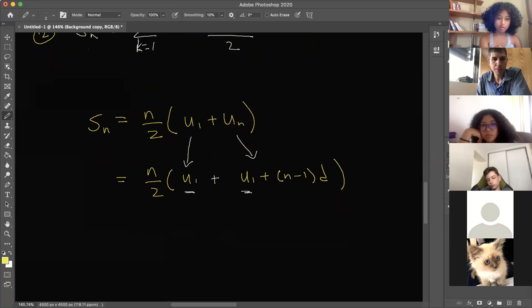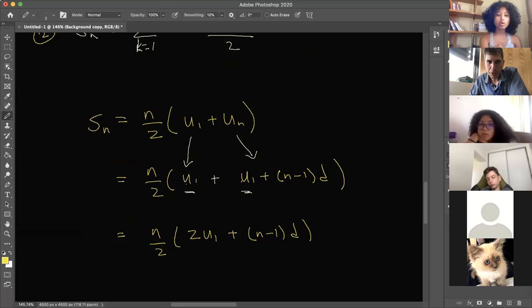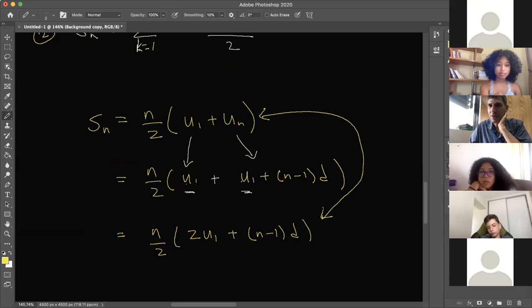So you can get n over 2, and u1 plus u1 should be 2 times u1. So you bring up a very good question. So what I did is I took this formula and I just simplified it, made it a little easier, or maybe I made it a little harder to see.